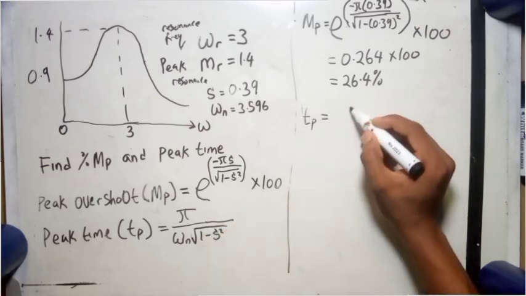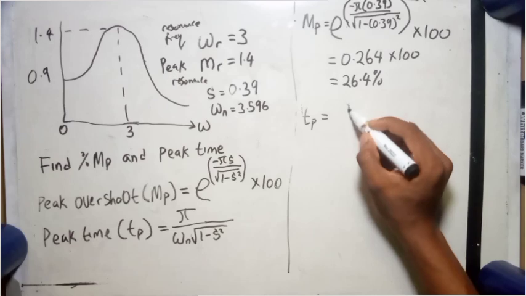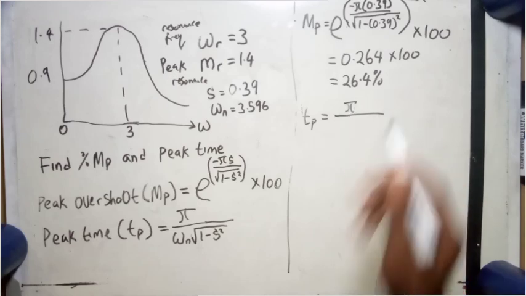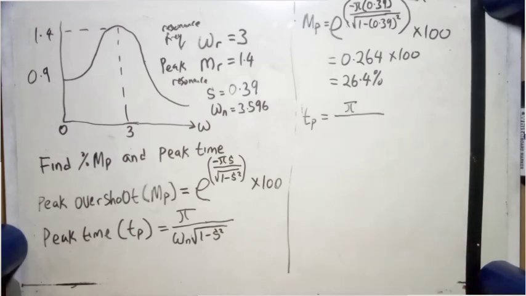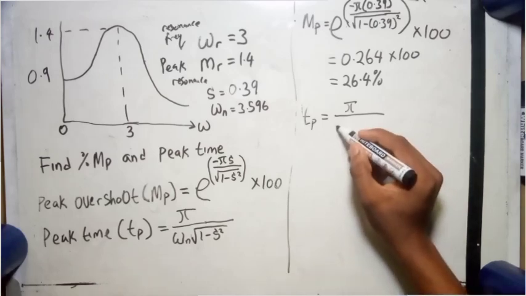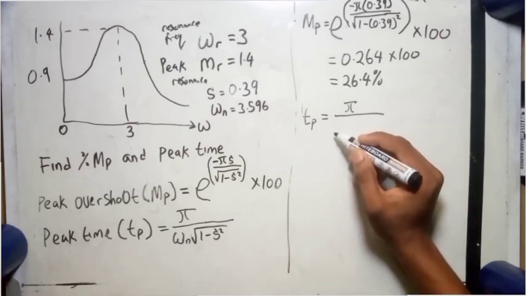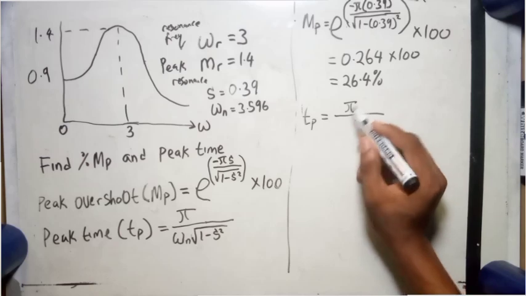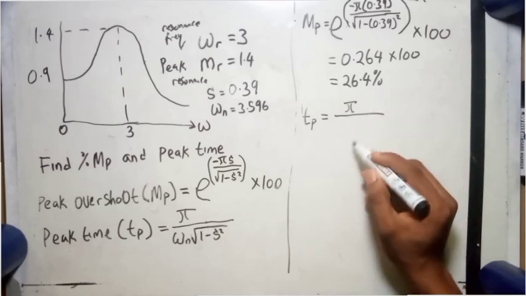Now for our peak time, using this formula, we have our pi, which you know the value to be 3 point something, but you can still input pi in your calculator. Your calculator already has a button for that. When you click on shift and times 10 raised to power x, you are supposed to have it.